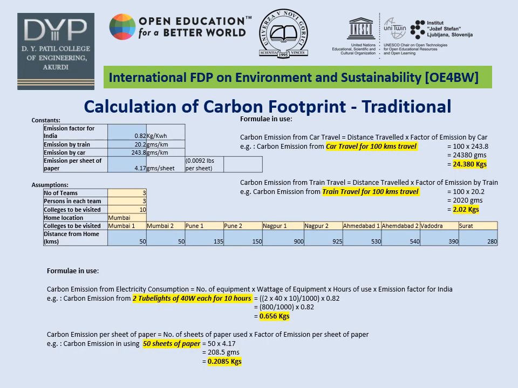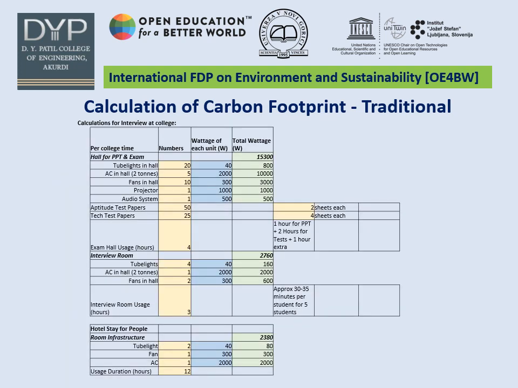In the calculation of carbon footprint in the traditional approach, certain constants and assumptions have been taken, which are shown in this slide. While calculating the carbon footprint in the traditional approach, we will be calculating for the interview at colleges. The minimum requirements would be a hall for the presentation and exam.